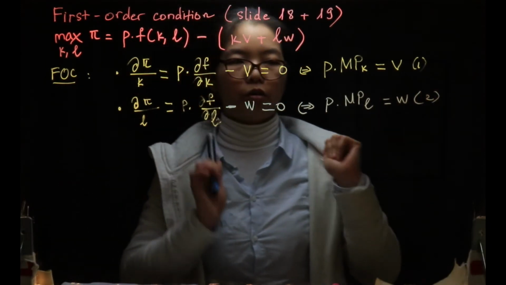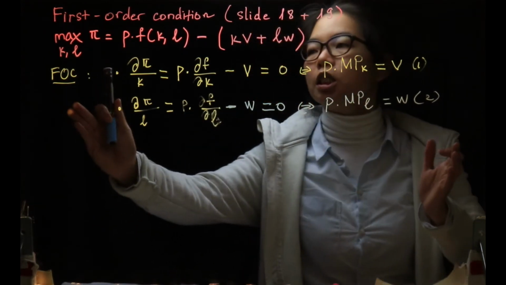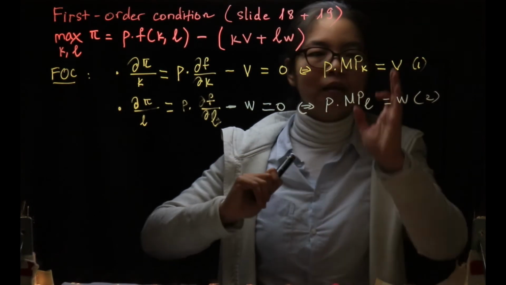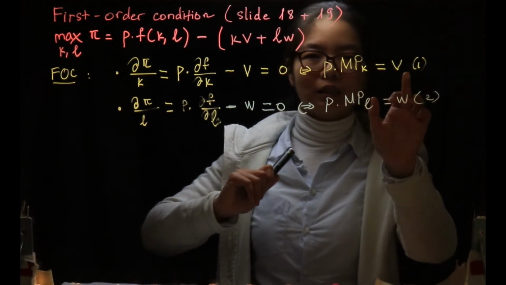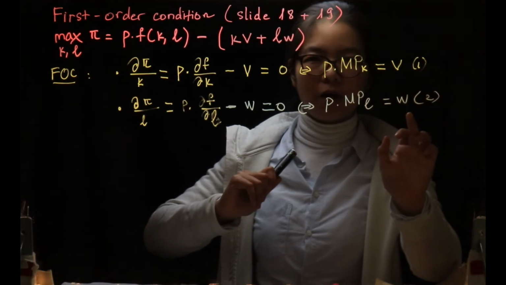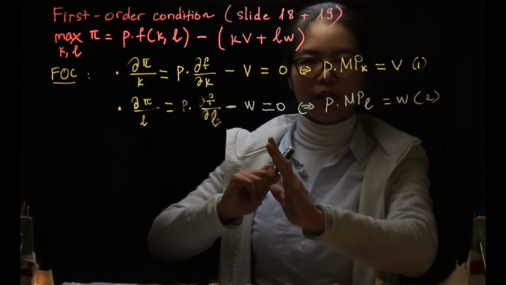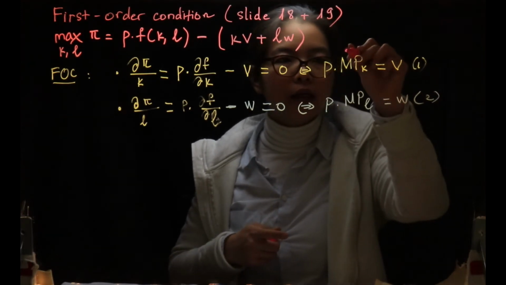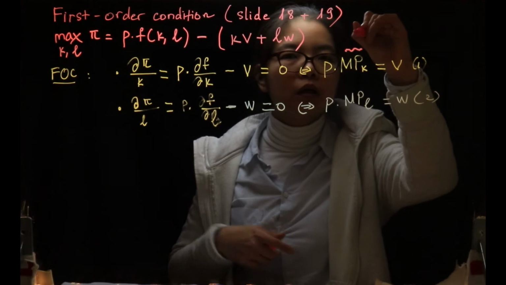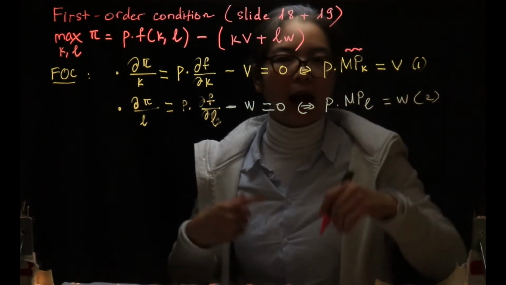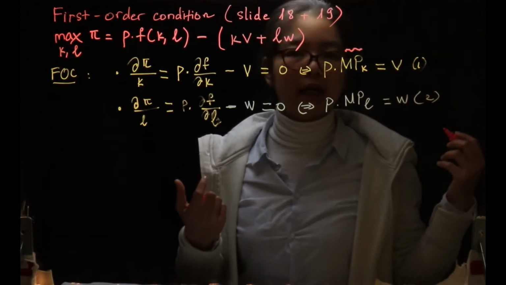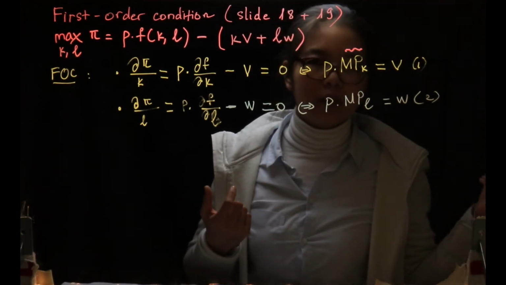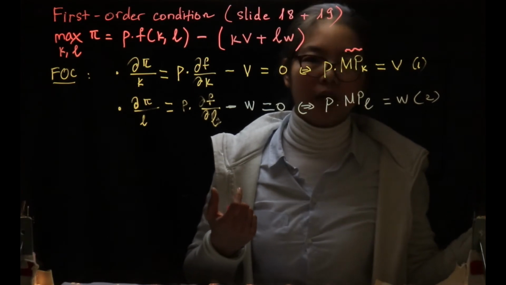So let's stop here for a moment. The first order condition of the profit maximization now says that on the one side you have the market price of the input, and what is on the other side? MPK is the marginal output of K, how much output you get from employing an extra unit of K, right?